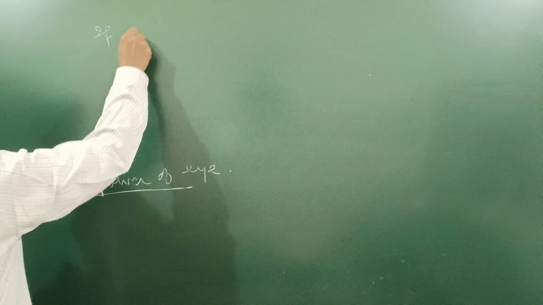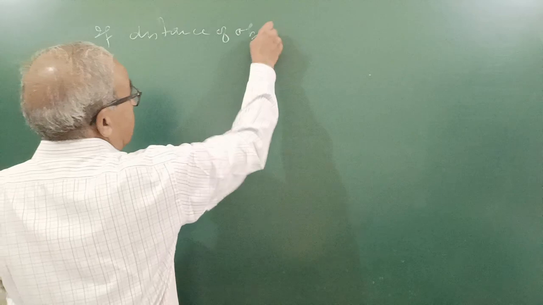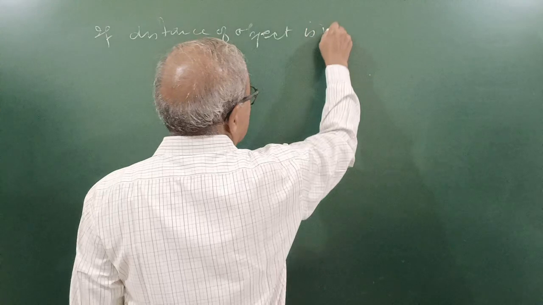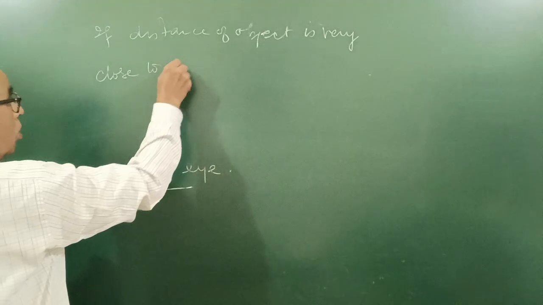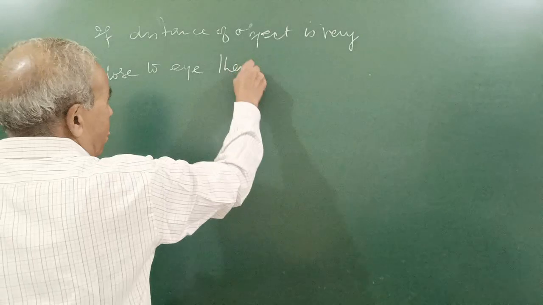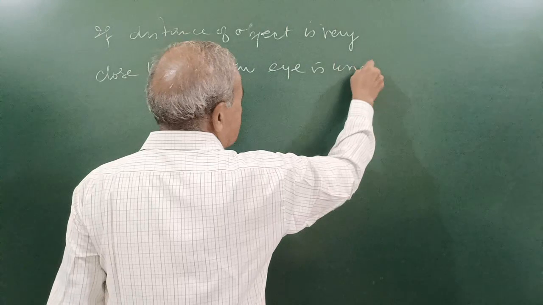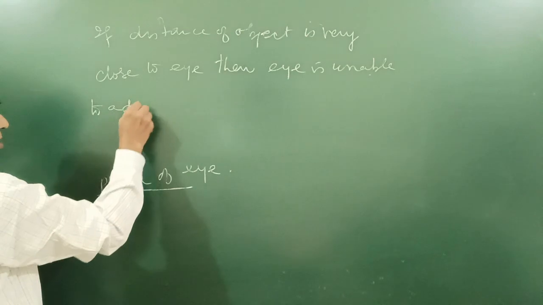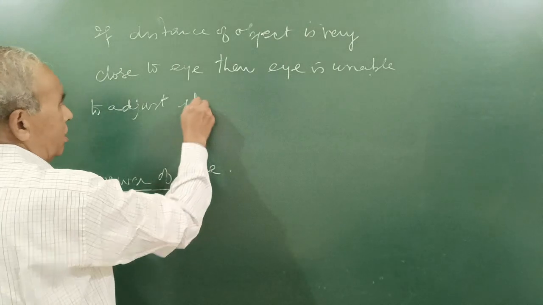If the distance of the object is very close to the eye, then the eye is unable to adjust its focal length.